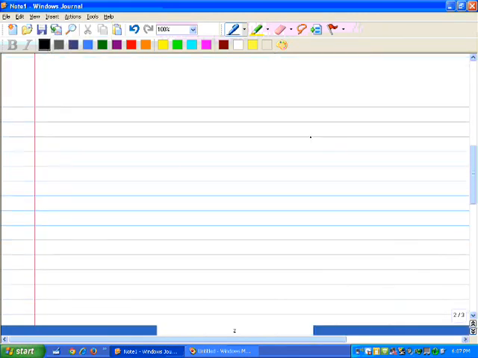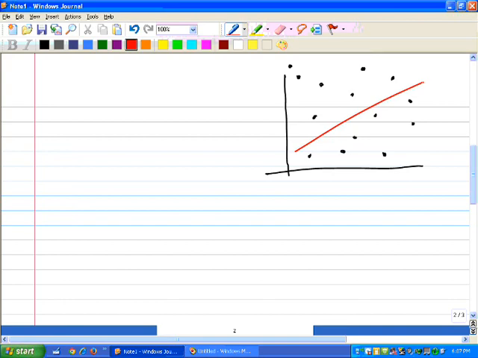Let's say we had a data set that when we graphed its scatter plot was just really all over the place. In this case, there's no positive trend where you could draw a line with a positive slope, or no negative trend where you could draw a line with a negative slope.